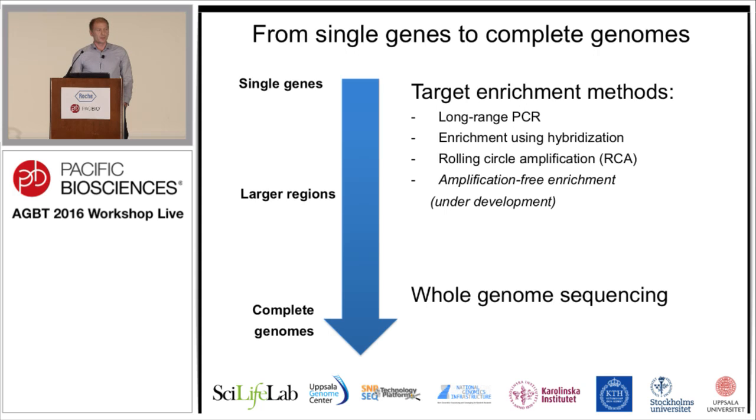We've been testing out rolling circle amplification, and we're also developing, or trying to develop, amplification-free enrichment methods. And of course, when we're doing complete genome sequencing, we are doing just whole genome shotgun sequencing. Today I'm going to talk about some of the applications that we're doing, all the way from single genes up to complete human genomes.